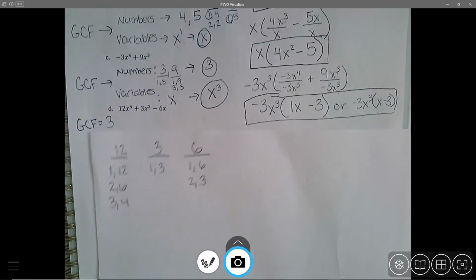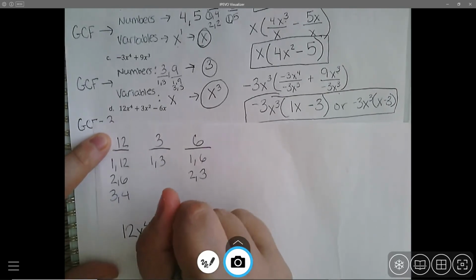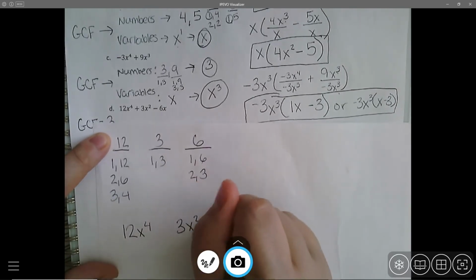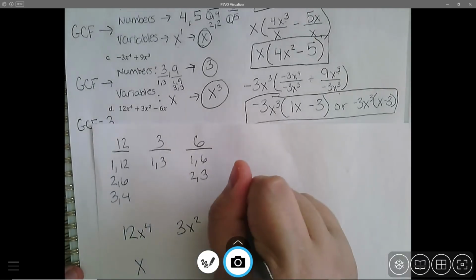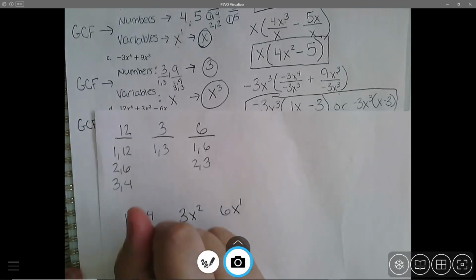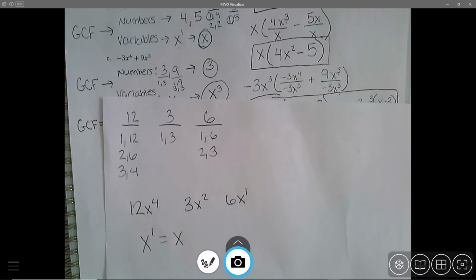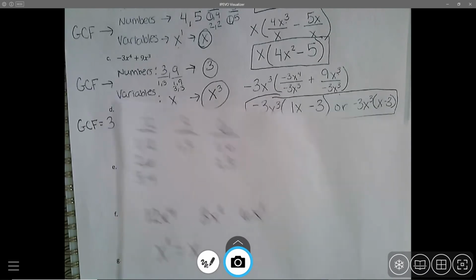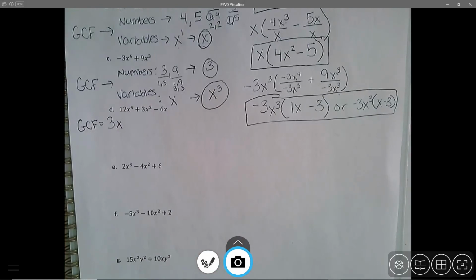And now, if I look at each one of these terms, 12x to the 4th is a term. 3x squared is a term. 6x. I'm ignoring the plus or minus. Notice, they all have an x in it. And the lowest exponent that I see is actually down here at the 6x, which is a 1. So that means x to the power of 1, or x by itself, is going to be included in my GCF.